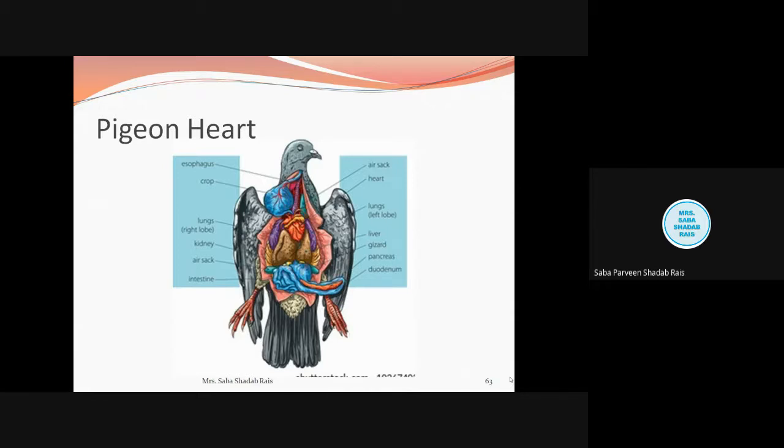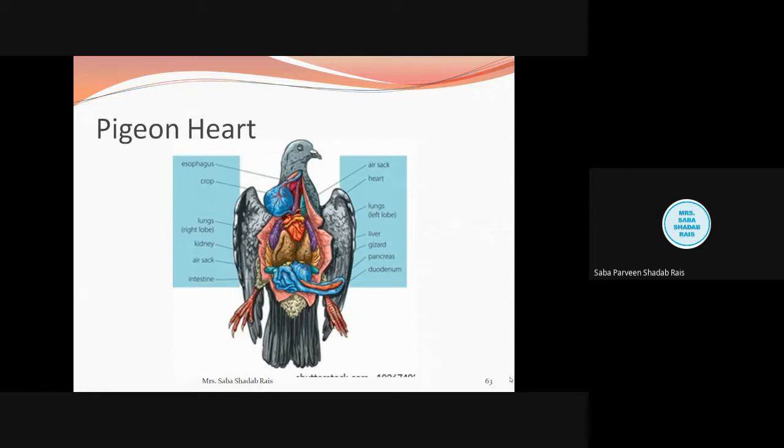When we were talking about the lungs, we saw that they have a special advanced type of lung, supported with extra air chambers. The reason behind that is to store the air, because their food must be digested at a very fast rate.